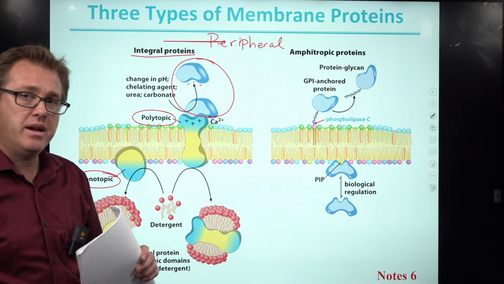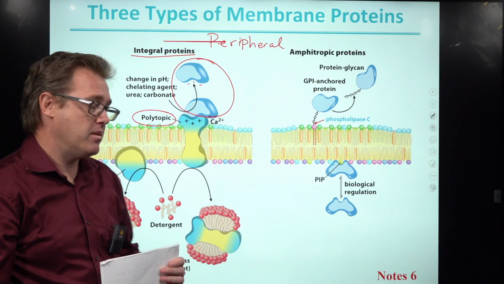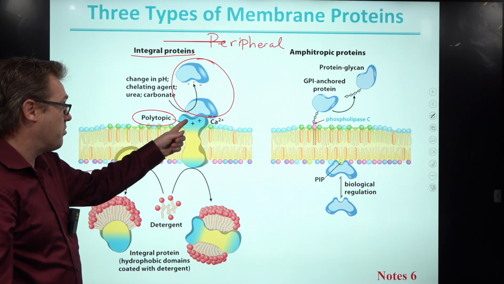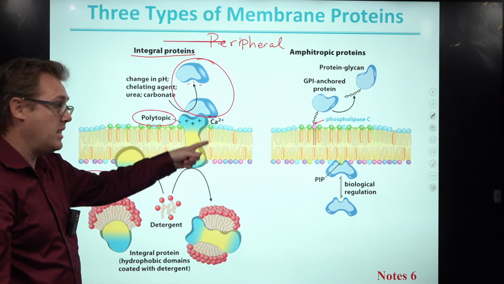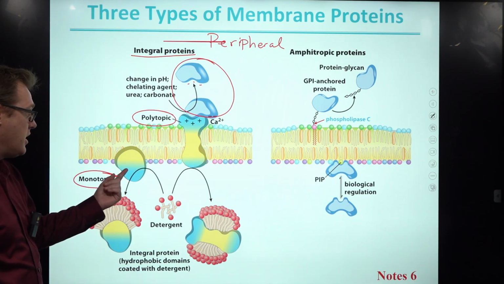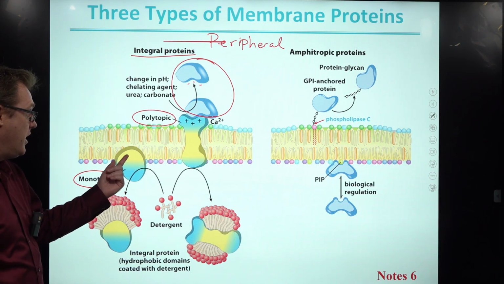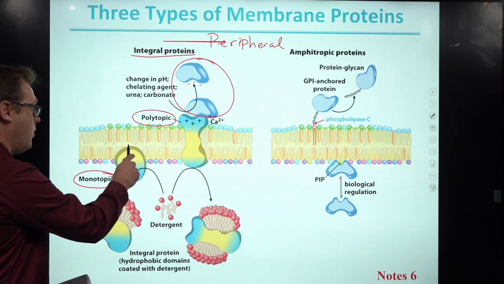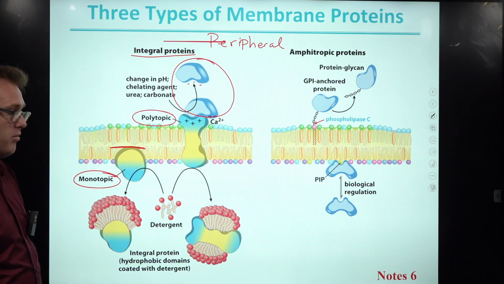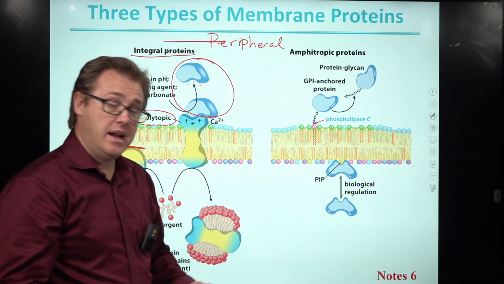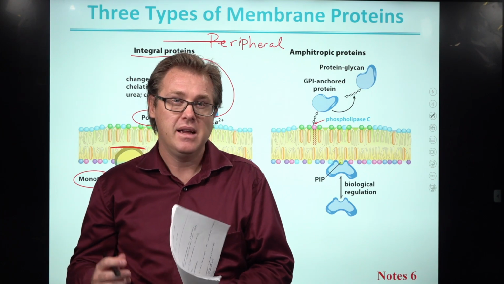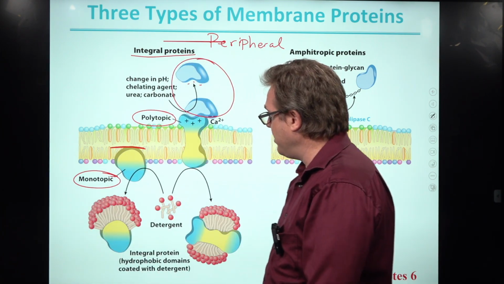And the difference between a polytopic and a monotopic protein is in a polytopic protein, the protein spans both leaflets of the membrane. In comparison to a monotopic protein, it only goes through one of the leaflets. It stops right there, doesn't go all the way through. And so these proteins, if we wanted to isolate them from the membrane, it's going to require a little bit more effort.